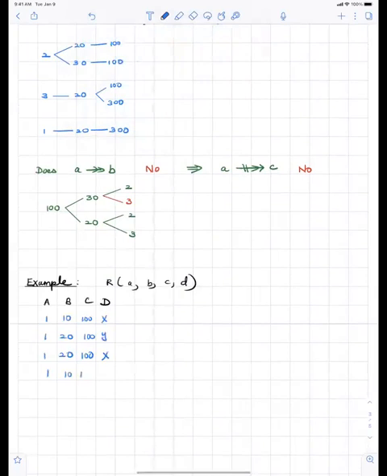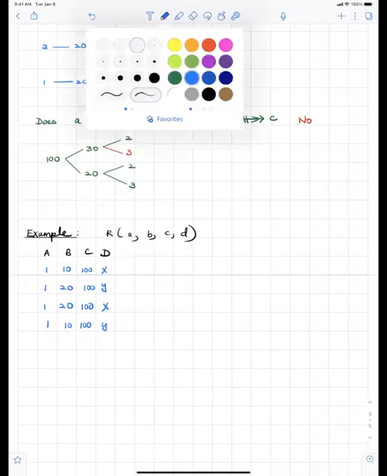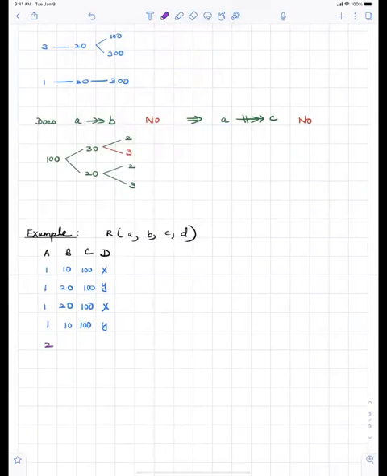Rows: 1, 20, 100, Y. 1, 10, 100, Y. 2, 10, 200, X. 2, 30, 300, X. 2, 30, 200, X. 2, 10, 300, X. Okay, so that's the table.